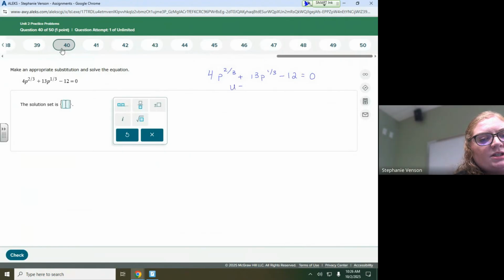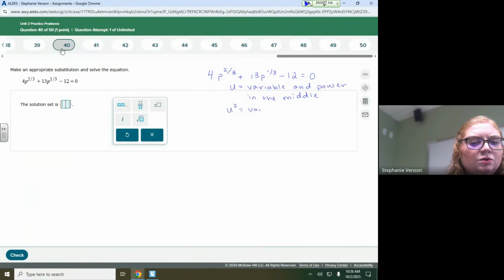Okay, u is equal to, I'm going to write out some notes for you for study purposes, then we'll actually work it. Okay, u is equal to the variable and power in the middle, and u squared is equal to the variable and power in the front.